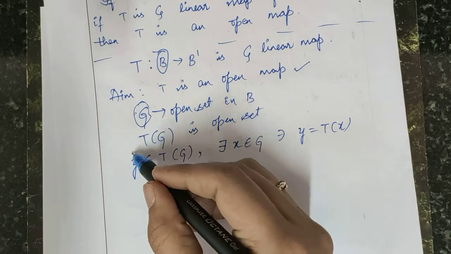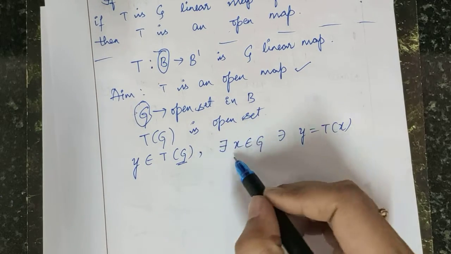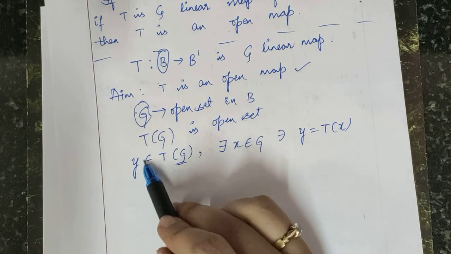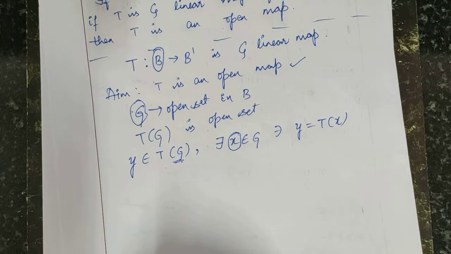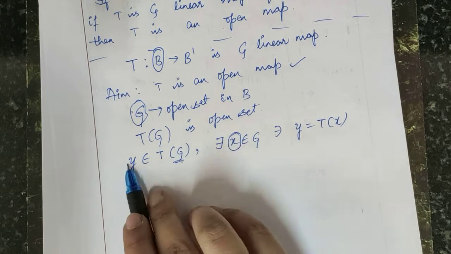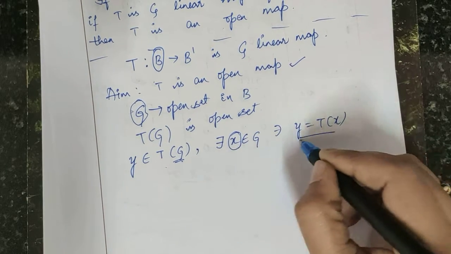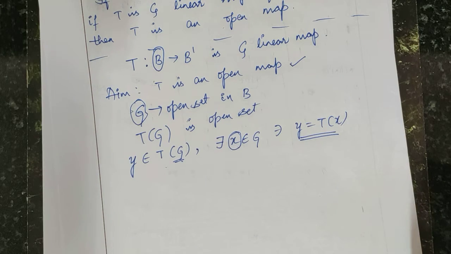So consider a vector y in T of G. If we have an element in the image, then obviously in the domain I will have one more element, say x. There is a mapping from x to y, so I can write in this form, y is equal to T of x.